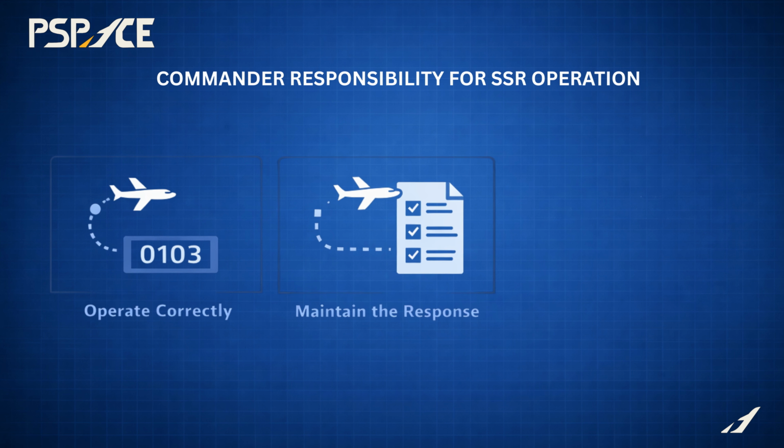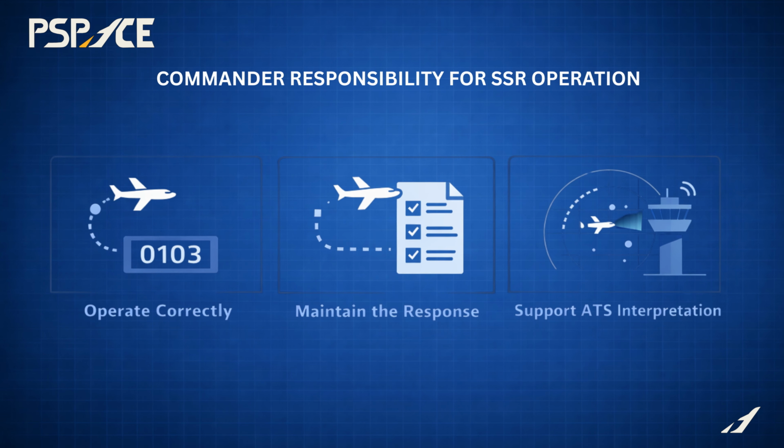The SSR response being generated by the aircraft must support ATS interpretation rather than confuse it. In practical terms, the commander must treat SSR as part of the aircraft's controlled airspace presentation to ATS.